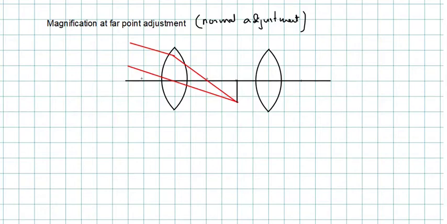Now this is the image produced by the objective. Now this image will act as an object for the eyepiece. So again we consider two more rays, one being parallel to the principal axis, after refraction passing through the focus, and another goes through the optical center. These two rays will meet at infinity.